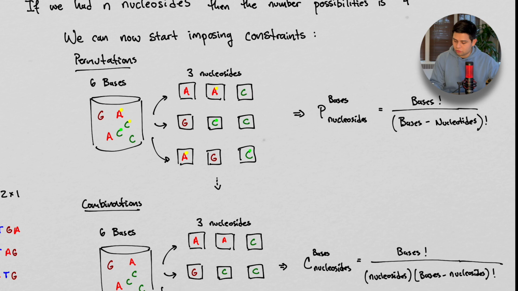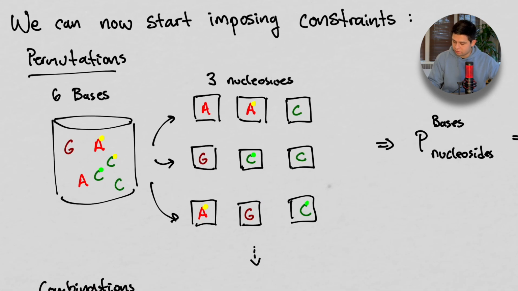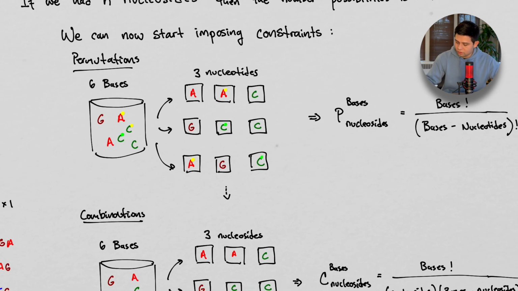And we have the potential nucleotides, right? I'm going to call these nucleotides because we're going to assume there's a phosphate there. If we ask the question, okay, we have 3 nucleosides, or we have 3 boxes, right? So we ask the question, we have 3 boxes, what's the degree of permutation going to be if we have only 6 spaces at our disposal, but order is going to matter, right?